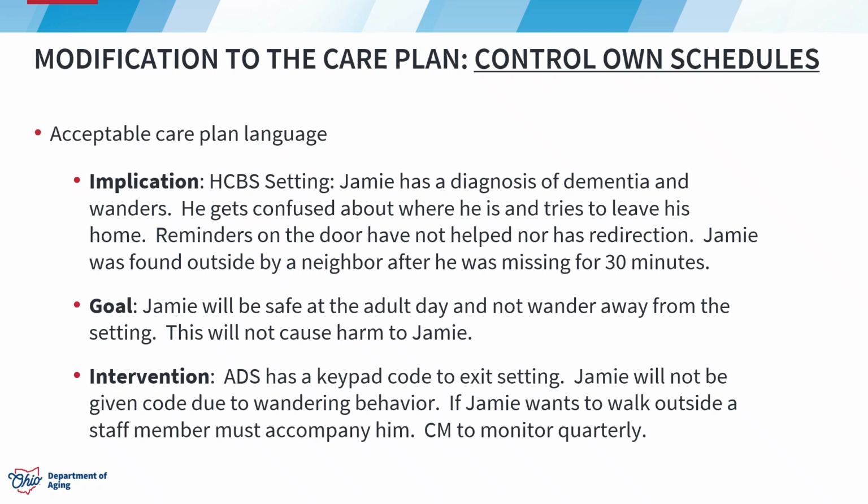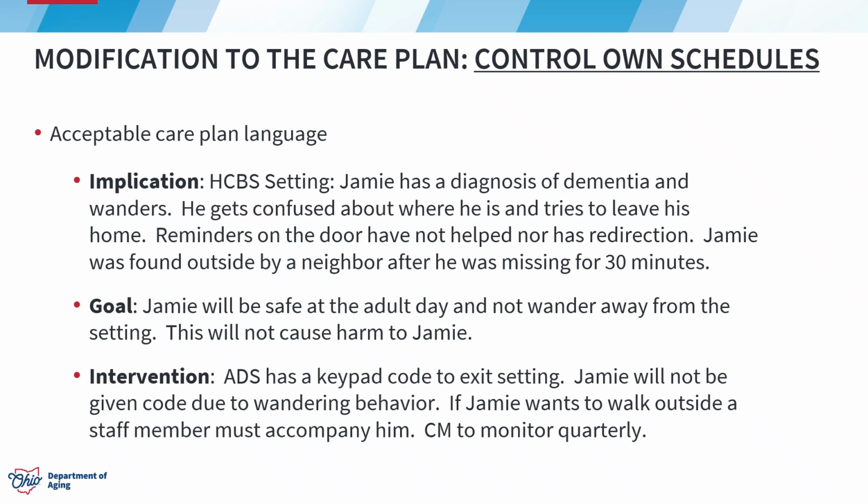So here in this example, you'll see that Jamie has a diagnosis of dementia and wanders. We call that out specifically because that's the behavior that is going to essentially trigger the need for the modification.